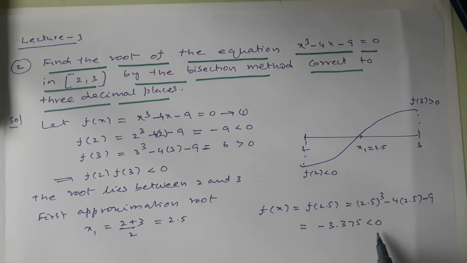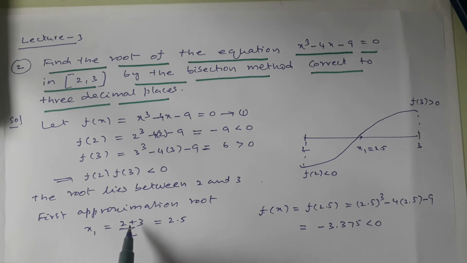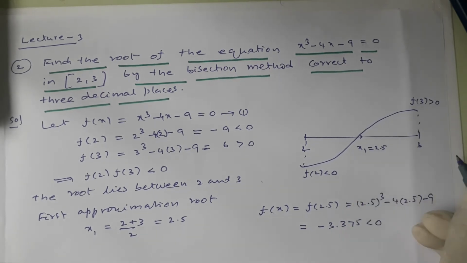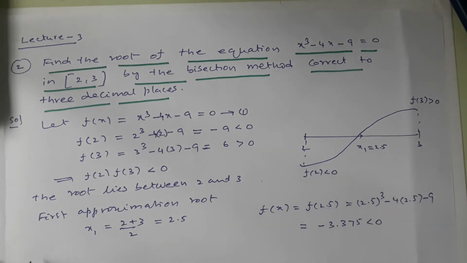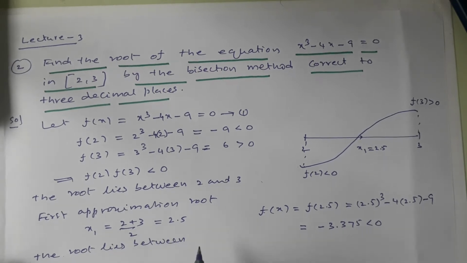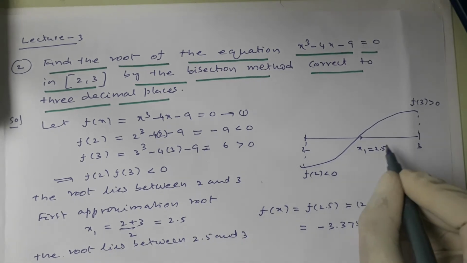As it is less than 0, the root lies on the right side, between 2.5 and 3. So the root lies between 2.5 and 3. So it is on this side.